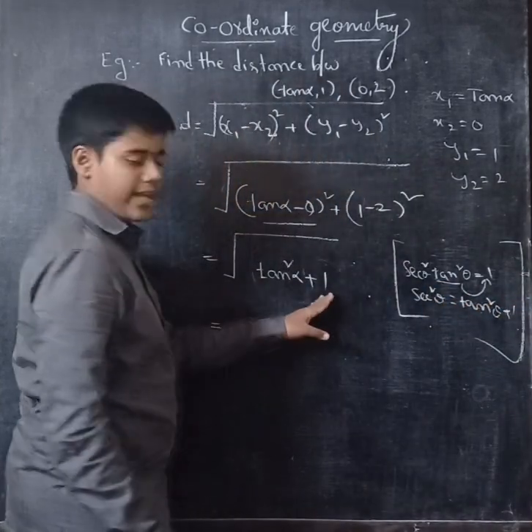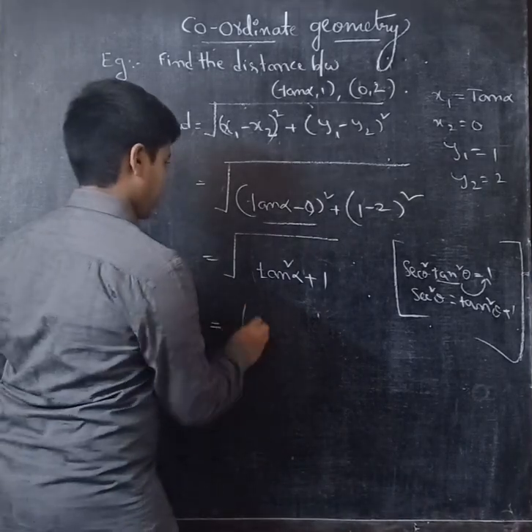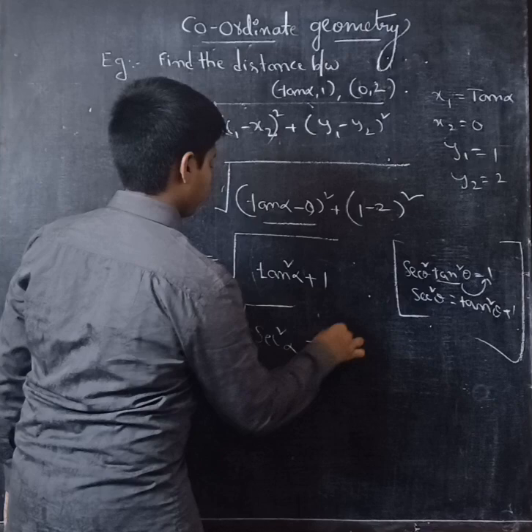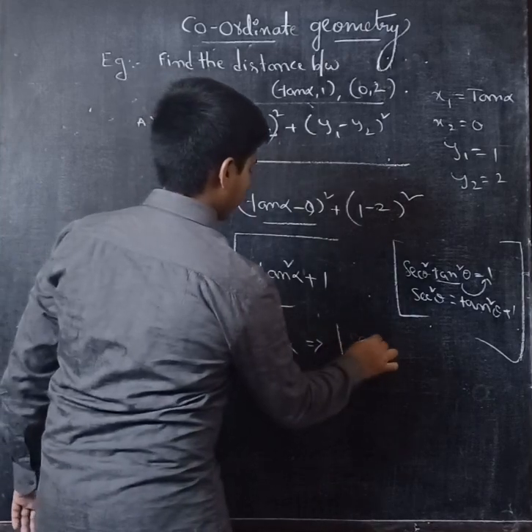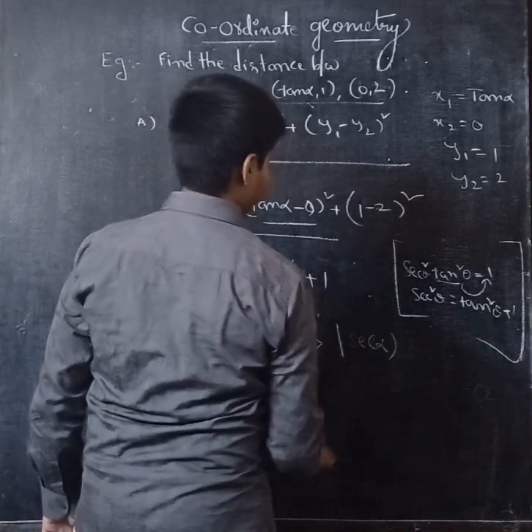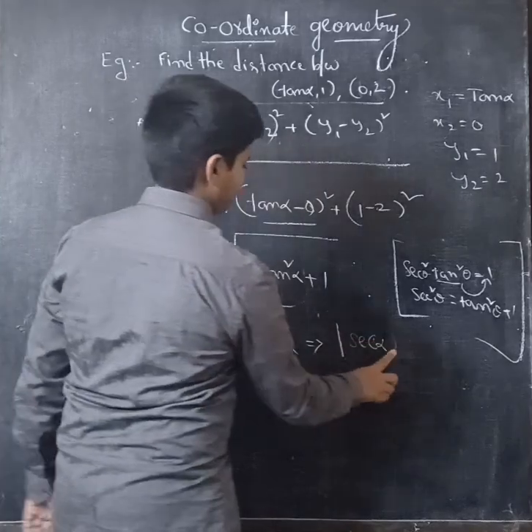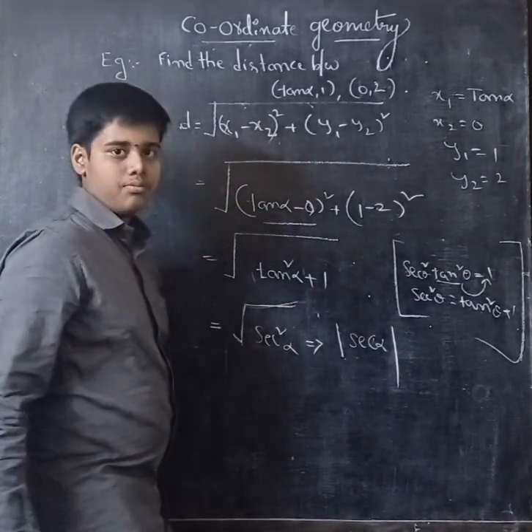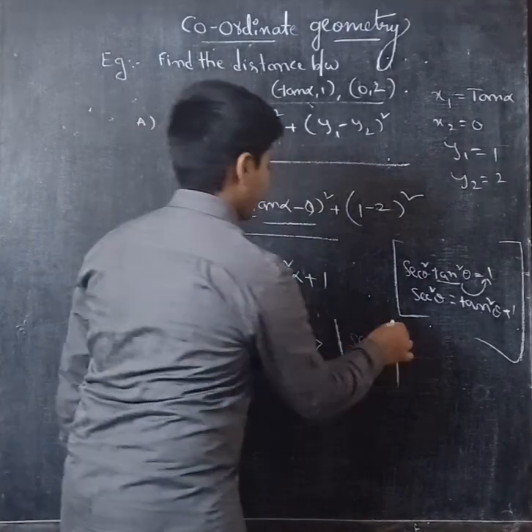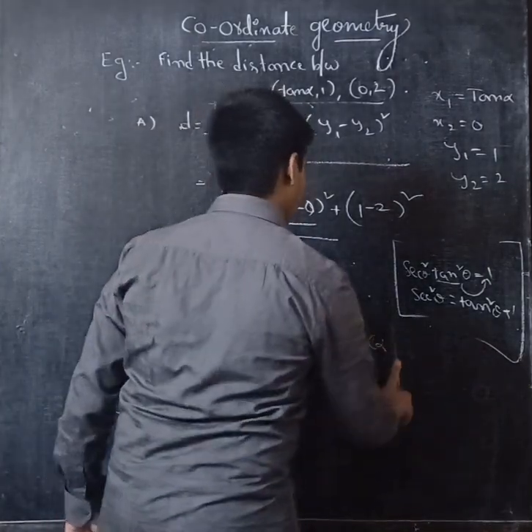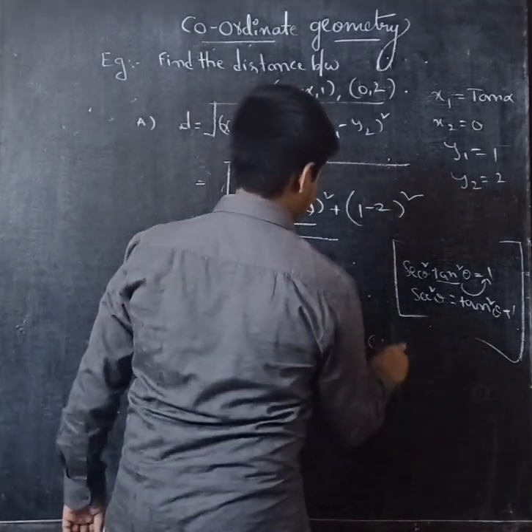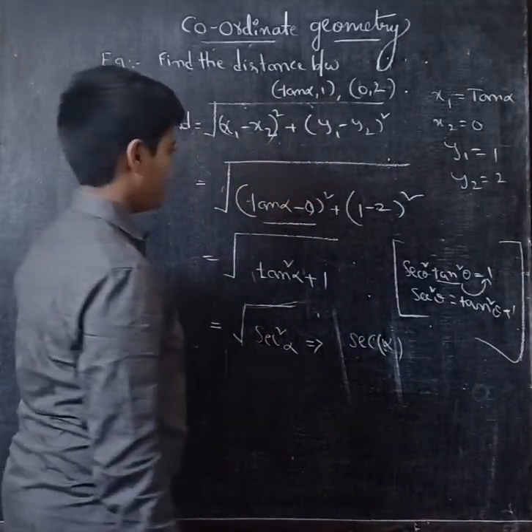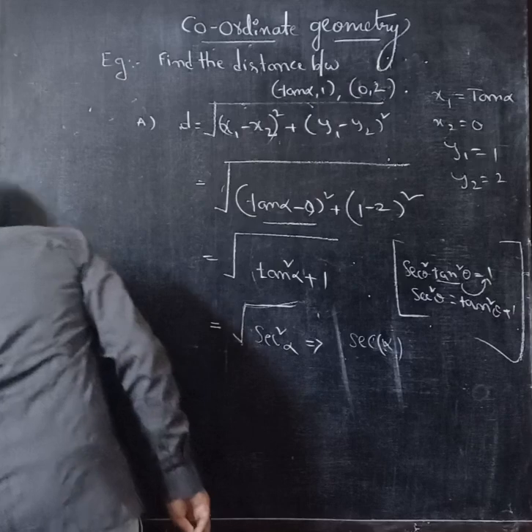By the same identity, under the root we get secant square alpha, which equals mod secant alpha. Why I wrote mod: the value under the root is always positive, that's why mod secant alpha. If we don't write the mod, it is correct only for positive secant alpha. So this is the first example.